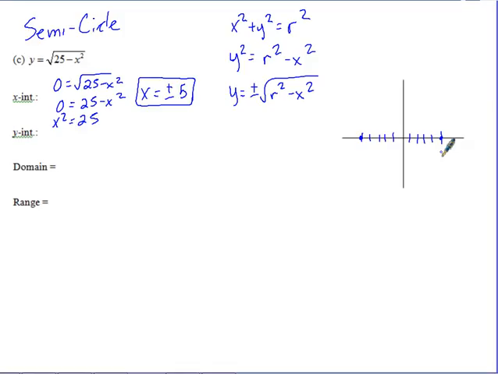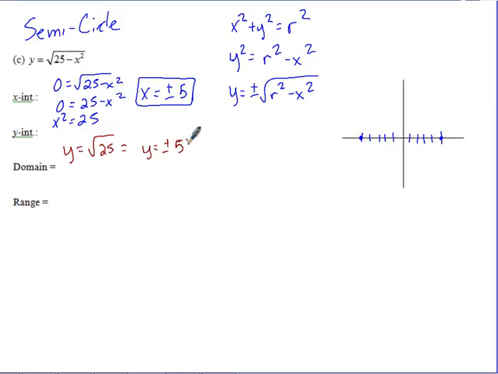All right. How do I find a y-intercept? Make x 0, right? So I have y equals the square root of basically just 25. And what is the square root of 25? So here's the thing. You do technically get plus or minus 5.